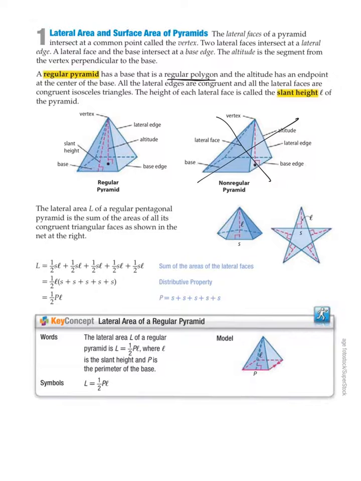The base is always a perpendicular distance from the vertex. So we know we have a vertex point. And when I go from the vertex perpendicular to the center of your polygon, that is going to be the altitude of the pyramid.